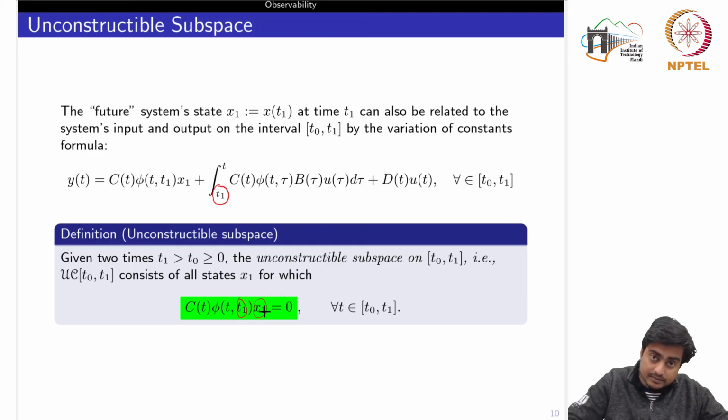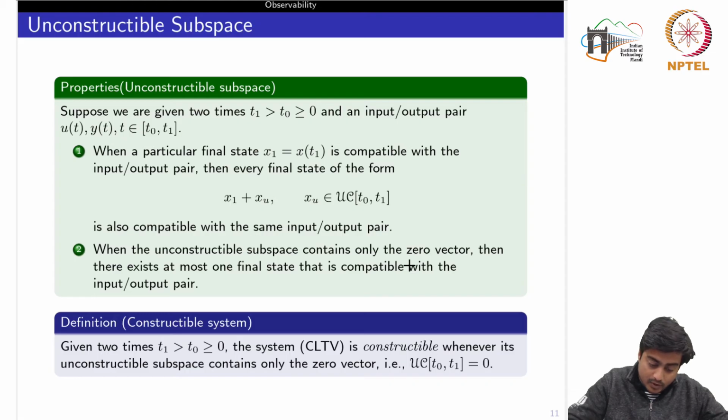So all those x0 would belong to the unobservable subspace if this equation is satisfied for some x0 with phi t comma t0, and now for all x1 and phi t comma t1, if this equation is satisfied, then we call it the unconstructible subspace. The property would remain the same: when a particular final state x1 is compatible with the input output pair, then every final state of the form x1 plus xu, because x1 is compatible and xu belongs to the unconstructible subspace, would also be compatible with the same input output pair.